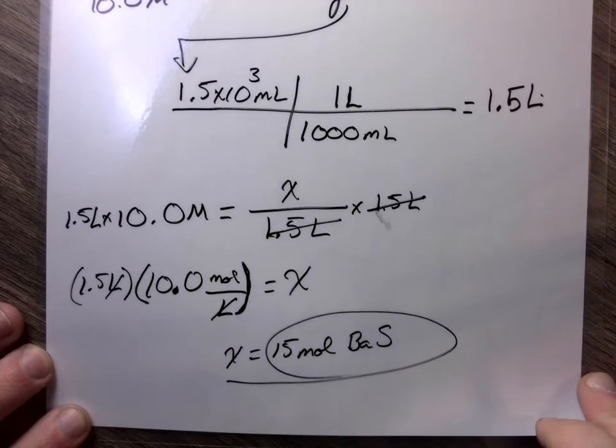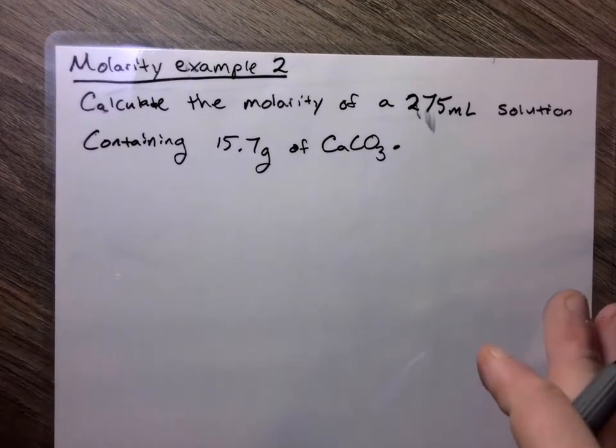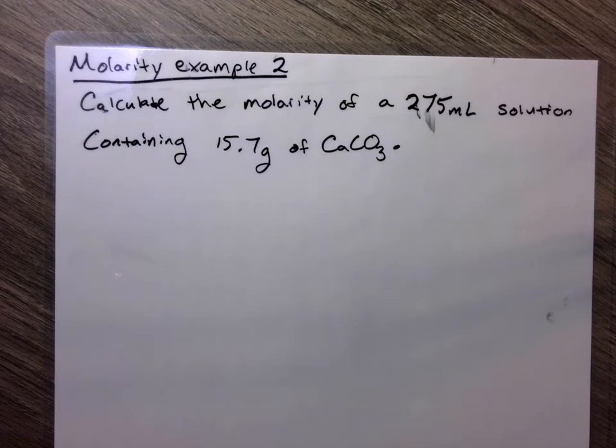Our next example, number 2 of our molarity examples, says calculate the molarity of a 275 milliliter solution containing 15.7 grams of calcium carbonate. So this one needs to get out of milliliters and out of grams. I am going to have my molar mass at some point here because it says I want molarity.